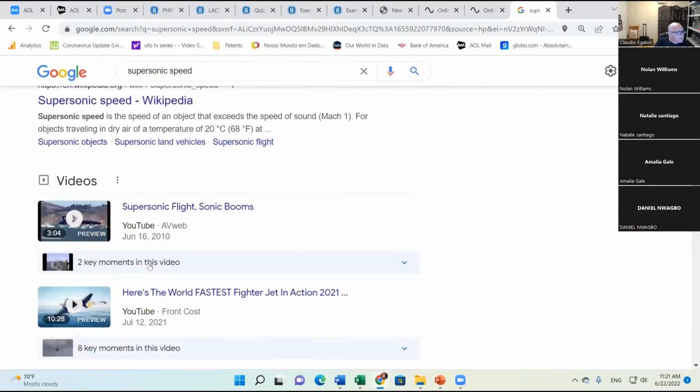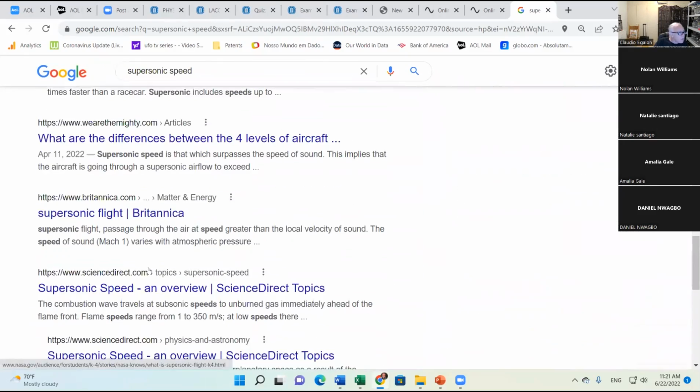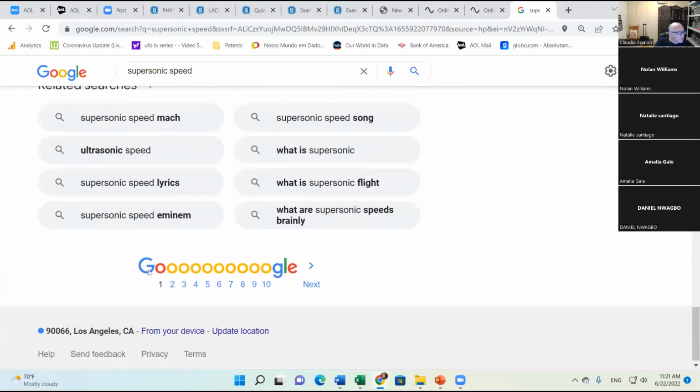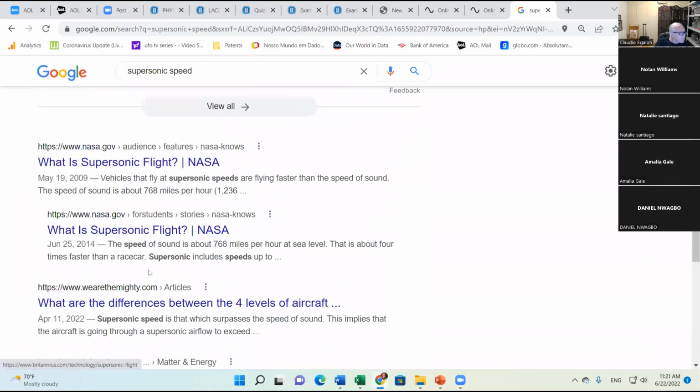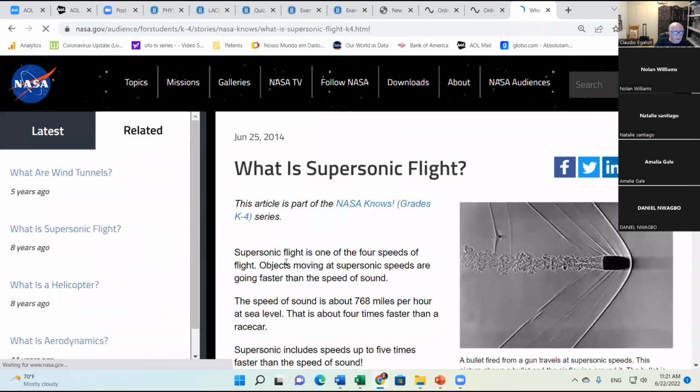NASA has some really interesting pictures that show this cone clearly. Real life type of pictures, supersonic flight. Let's see if we have it here. And oh yeah, here you go. Do you see the shock wave right in here? Here's the projectile, okay? The shock wave being formed.